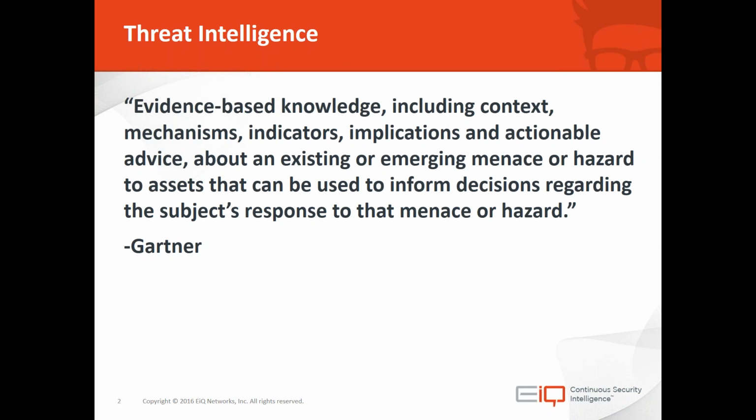Their definition is evidence-based knowledge, including context, mechanisms, indicators, implications, and actionable advice about an existing or emerging menace or hazard to assets that can be used to inform decisions regarding the subject's response to that menace or hazard. When we typically think about threat intelligence, we think about data feeds, but that's really only one part of it, and that's why I like this definition.